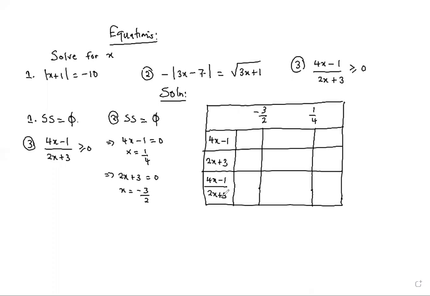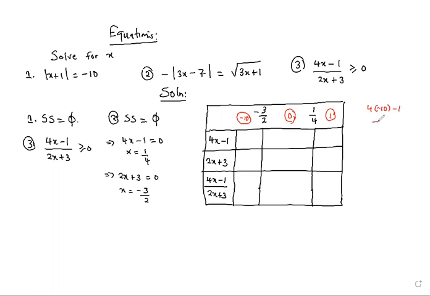Then pick a number less than -3 over 2, say -10. Pick a number in between, 0, and a number bigger than 1 over 4, you can pick 1. Now we substitute -10 in the function. 4x minus 1, we get 4 times -10 minus 1.